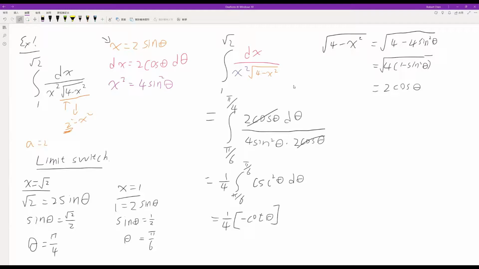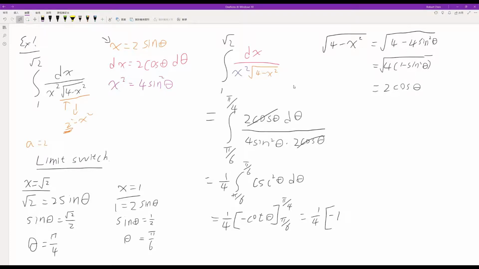We want to evaluate that from pi over 6 to pi over 4, which will be 1/4, and then cotangent of pi over 4 is 1.